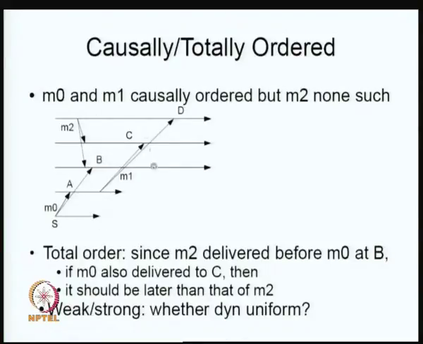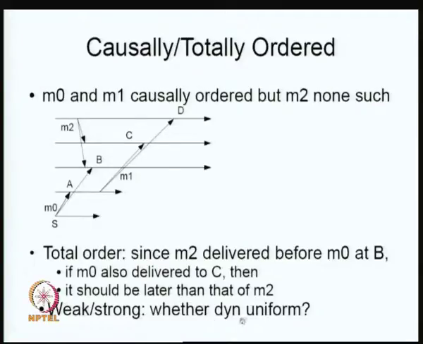Now, in all these cases, this ordering can also be divided into two types, whether it is weak or strong, and it corresponds to whether things are dynamically uniform or not. As mentioned before, in dynamic uniform, you look at those processes which may be involved in it, but they die in between.